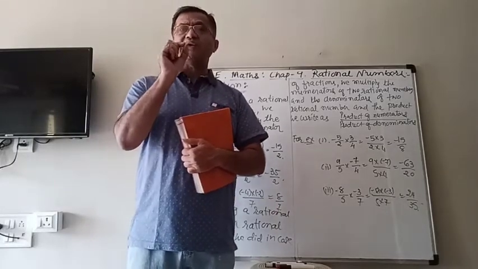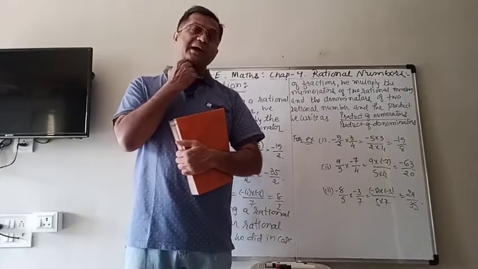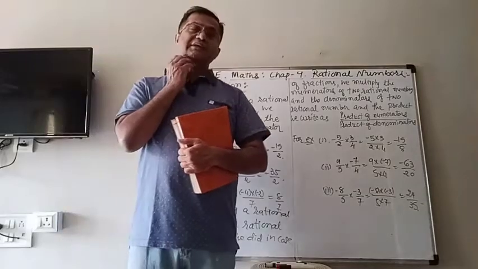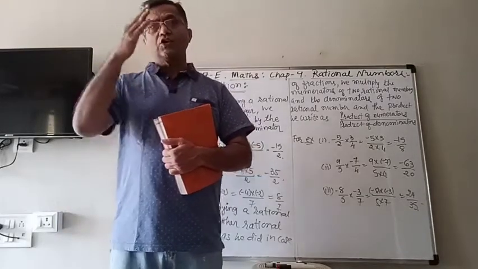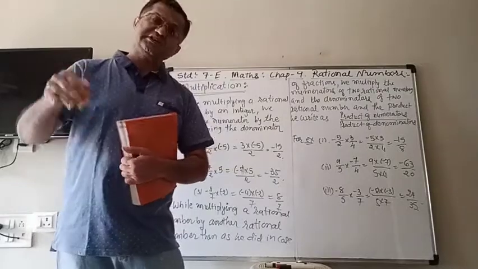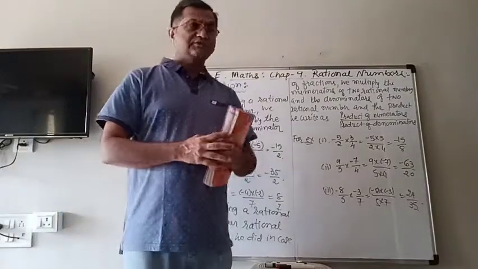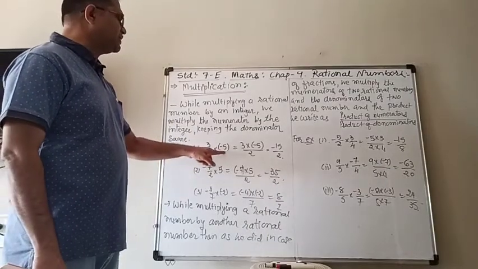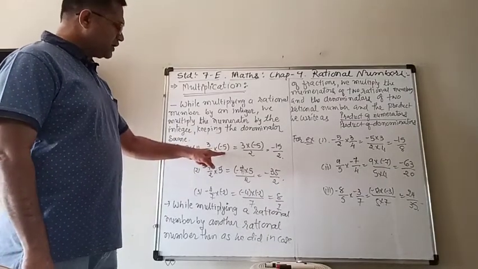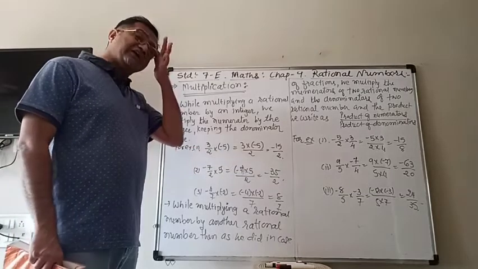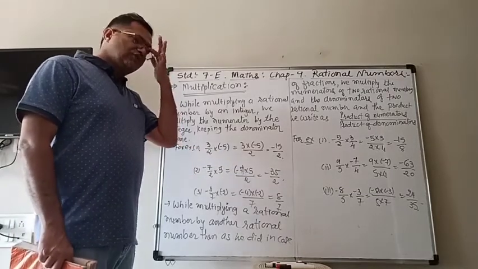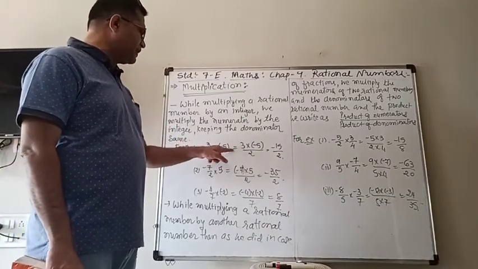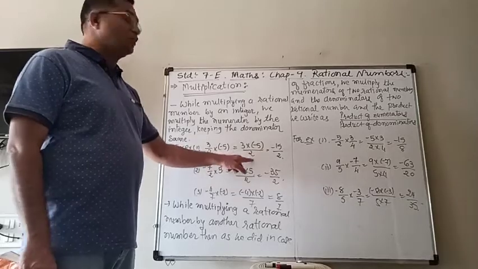That is very, very important, because sometimes students get confused and multiply that integer to the numerator as well as the denominator. For example, look here: 3 upon 2 multiplied by minus 5. Here minus 5 is an integer, so we have to multiply it only to the numerator, that is 3 multiplied by minus 5, keeping the same denominator.